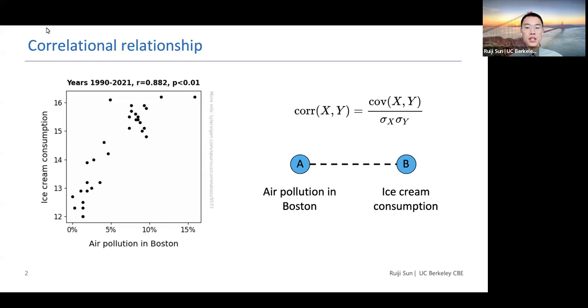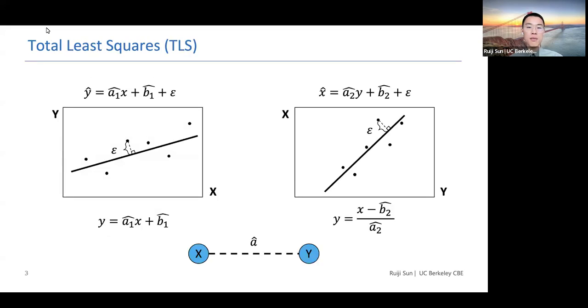To evaluate the correlation coefficient, we can also use other statistical methods, and one common method is linear regression. Let's look at the left side first. For a linear regression, we first need to assume a linear relationship between two variables, y equals ax plus b, for example. Second, we need to add an error term that represents the difference between predicted values and actual values.